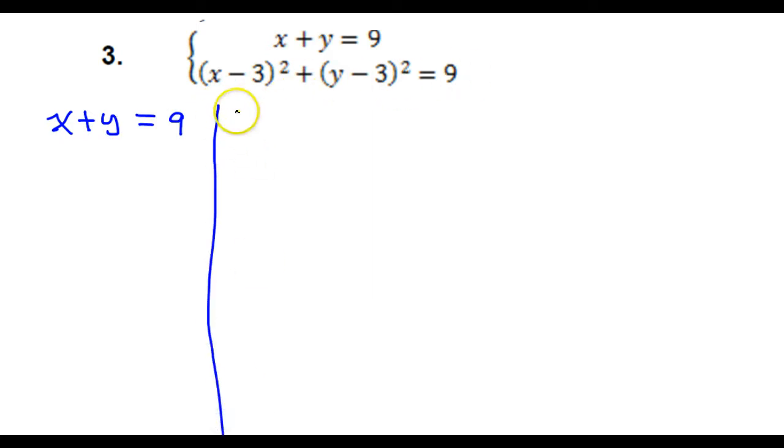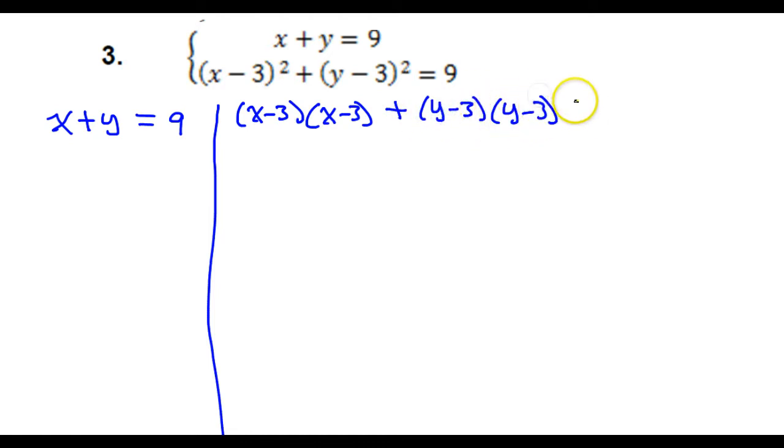And then I've got the circle equation, which I'm going to write as x minus 3 times x minus 3, right? Because that's what x minus 3 squared means, doesn't it? And then plus y minus 3 times y minus 3 is equal to 9.